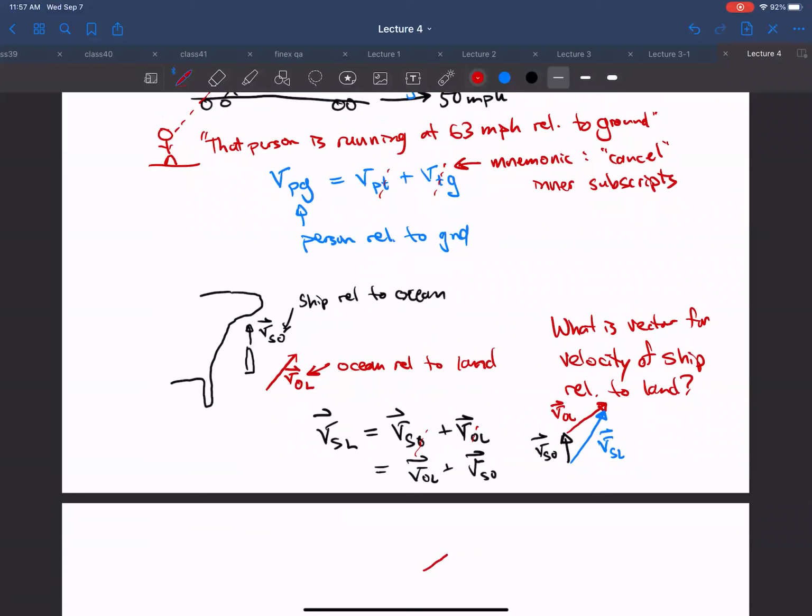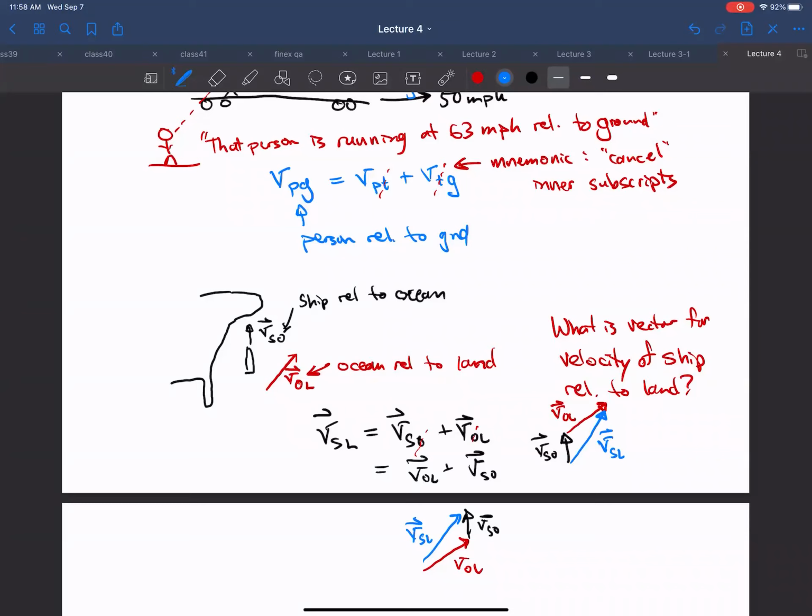So if I put V sub OL like this and V sub SO like this, then I'm going to get the same V sub SL. So the addition of vectors works in the same way as regular addition, that the order doesn't matter. I would say when you're thinking about relative motion, it will help you to use my little mnemonic. And so in that case, do it in the same order that you write it when you use the mnemonic.